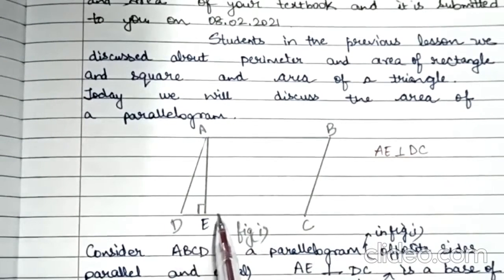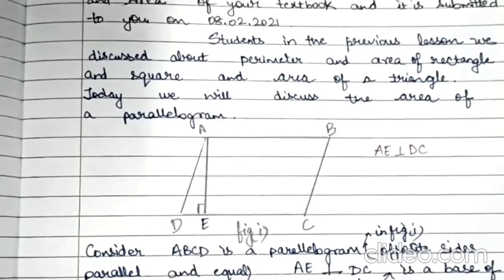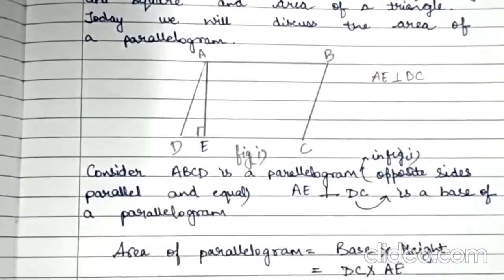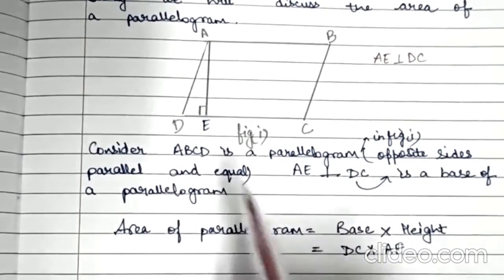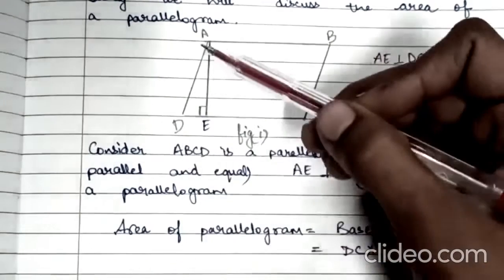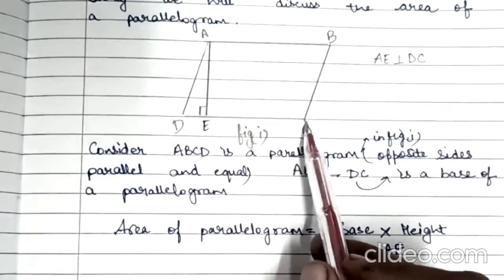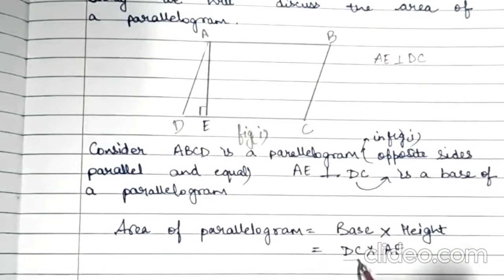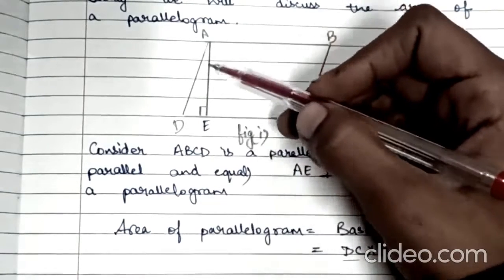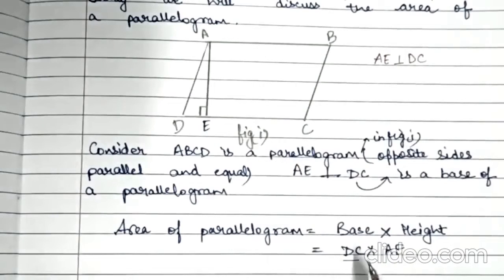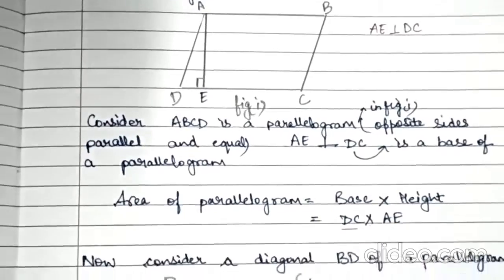So it means DC will be the base of the parallelogram. The formula for the area of a parallelogram is base into height. Now base is DC and height is AE. So we get DC into AE.